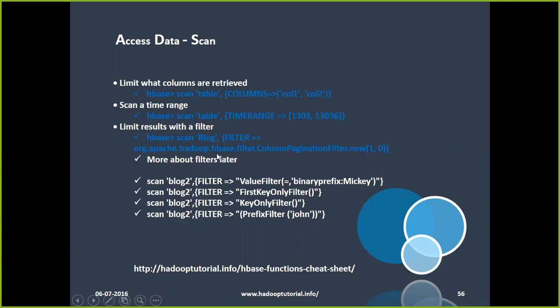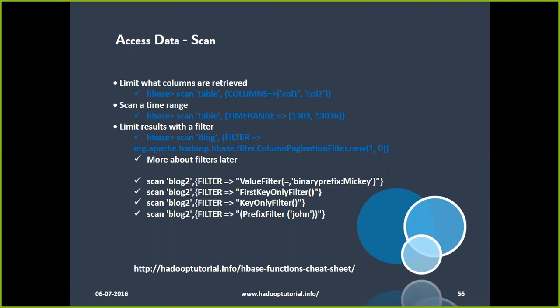You can also specify filters, like where clauses. They are not as mature as your where clauses and select queries, but some of them are helpful. You can use value filter to search. This is like a free form search in all the columns. Value filter equal to binary prefix Mickey searches for this Mickey string in all the cells.